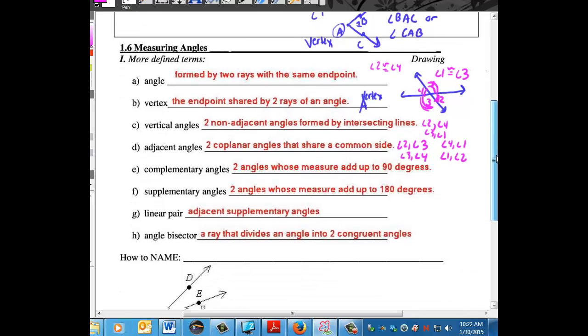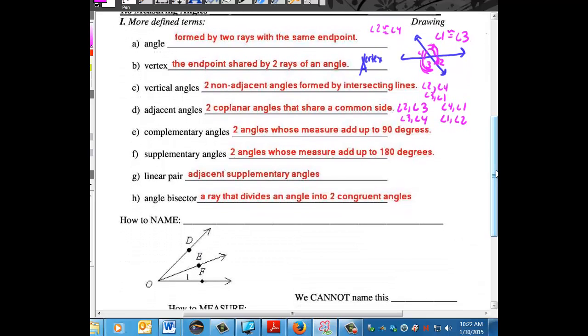All right, next term we need to draw is two complementary angles. And there's two ways that we can draw this. We can draw adjacent and we can draw non-adjacent. So if I wanted to draw adjacent first, I would have two angles that add up to 90 degrees. Here's our right angle.